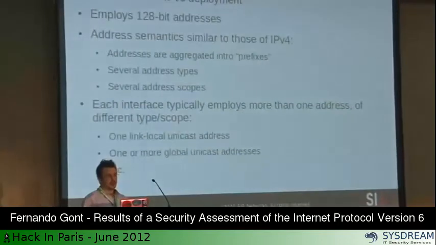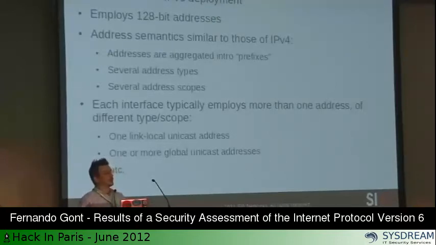As a kind of introduction to the topic of IPv6 addressing, again, it's the main driver of v6 deployment. v6 addresses are 128 bits long, and other than that, they are essentially the same as in the IPv4 case. For example, the semantics of the addresses are very similar.